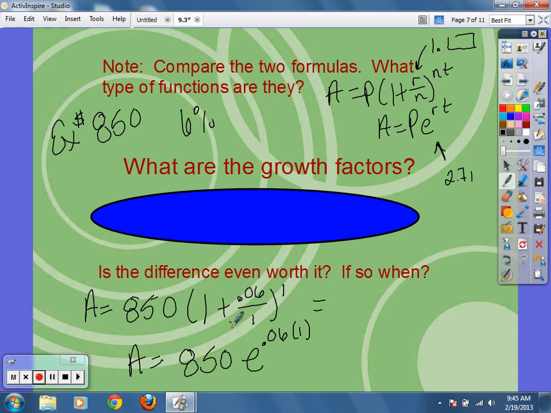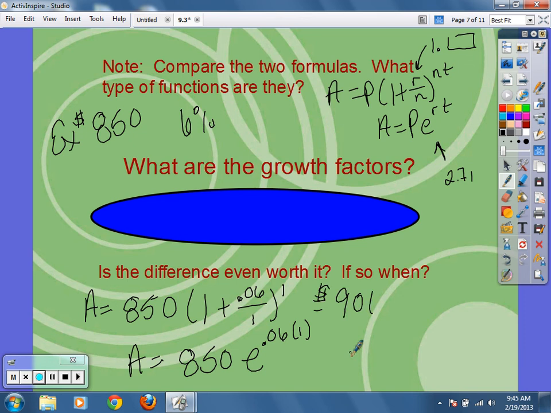If I take 850 times 1.06 to the first power, I'm going to get $901.